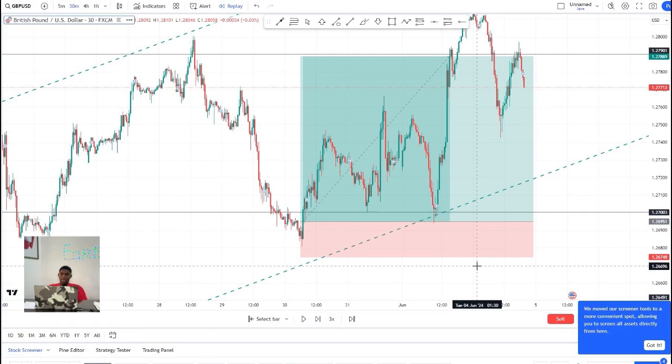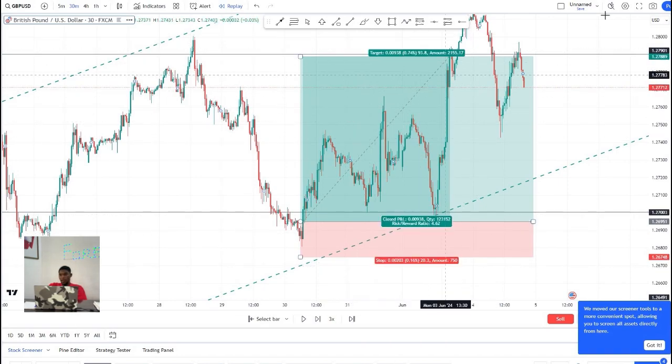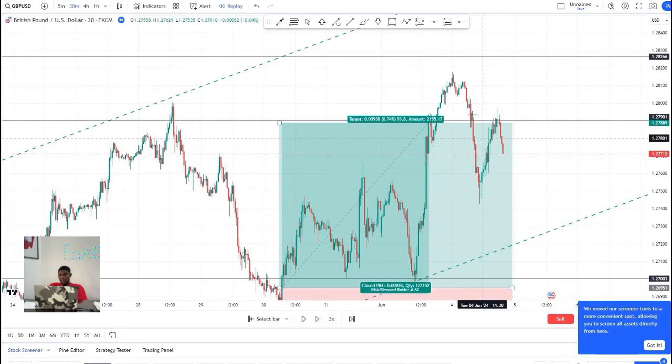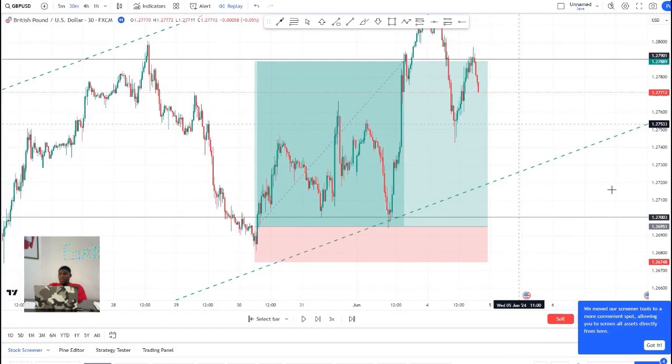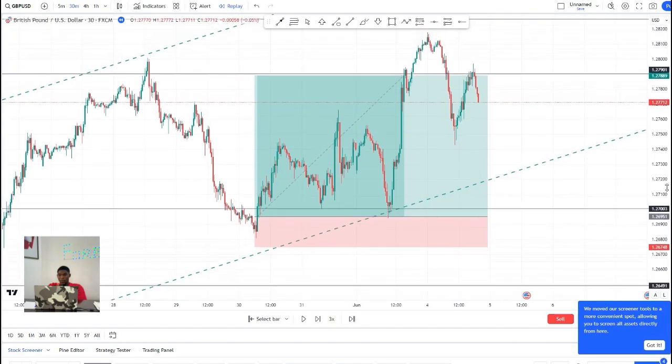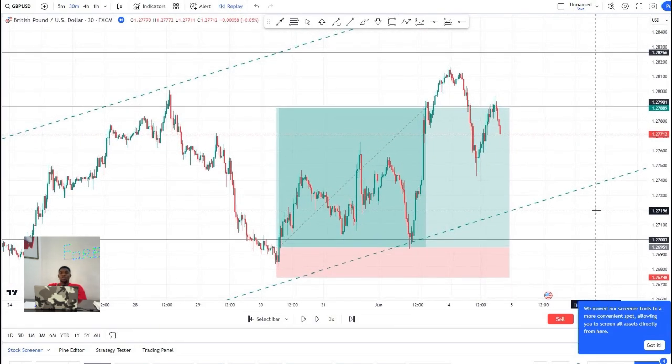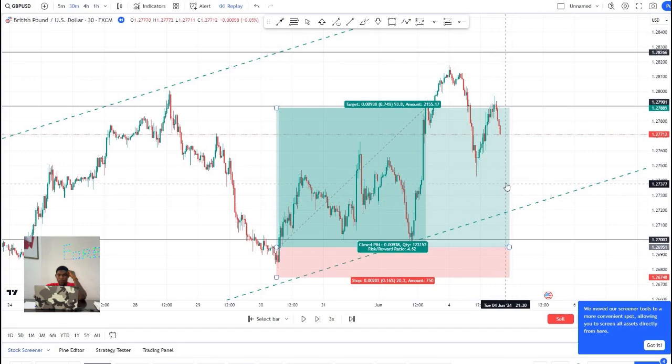Now, we could see a buy, and it's possible you are going to see a sell. You're going to see a little sell in the market, which you can actually trade. But the problem is that it is not so sure. The higher the time frame, the clearer your trading prediction is going to be.